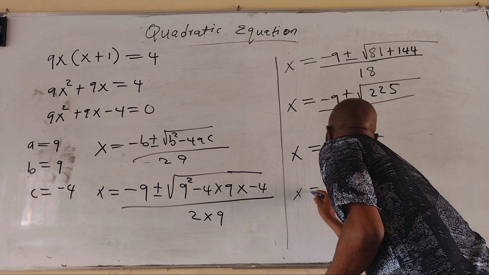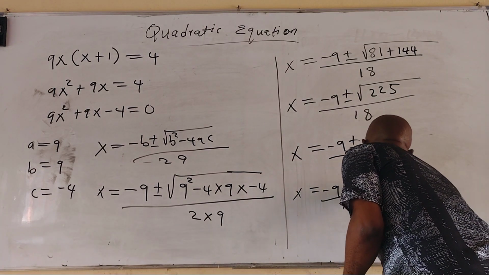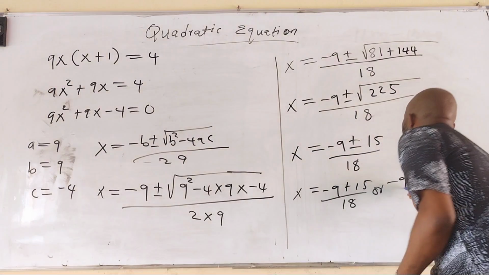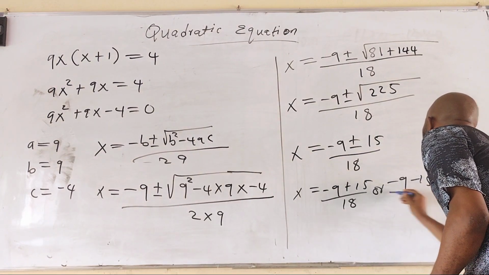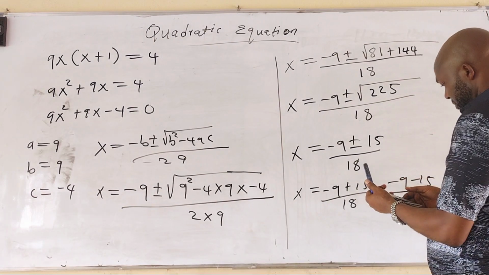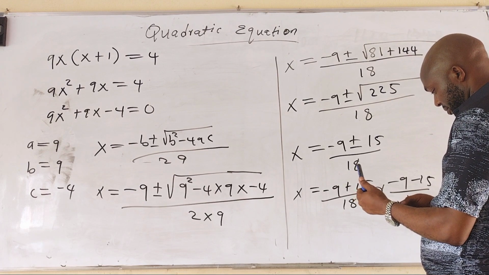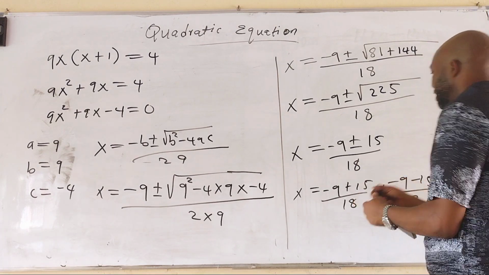So my X is equal to minus 9 plus 15 over 18, or minus 9 minus 15 over 18. Minus 9 plus 15 is 6 over 18.